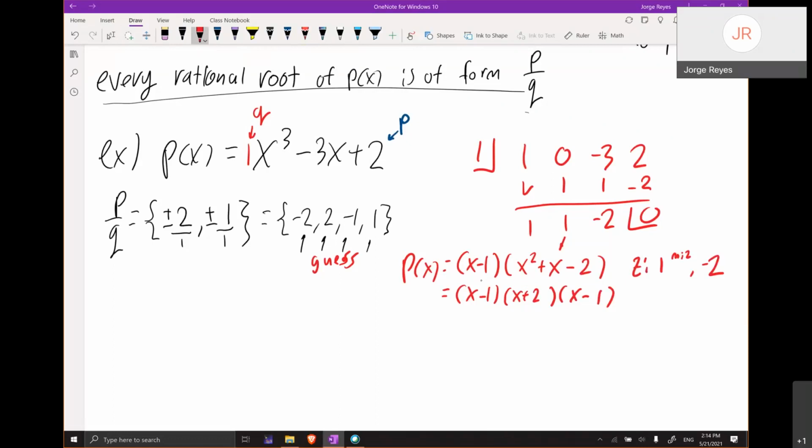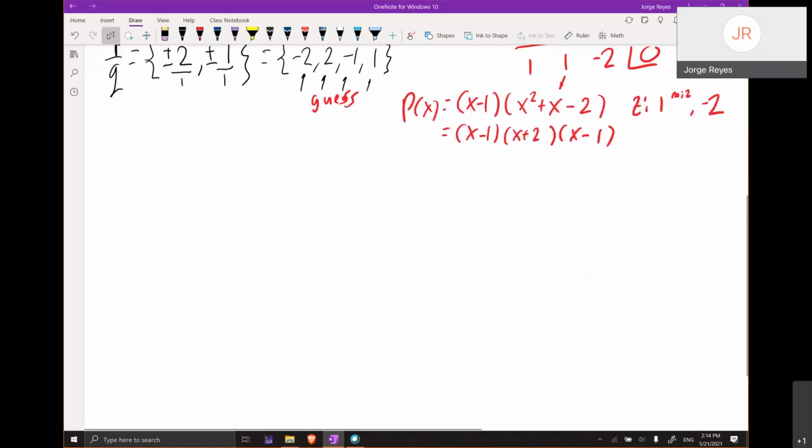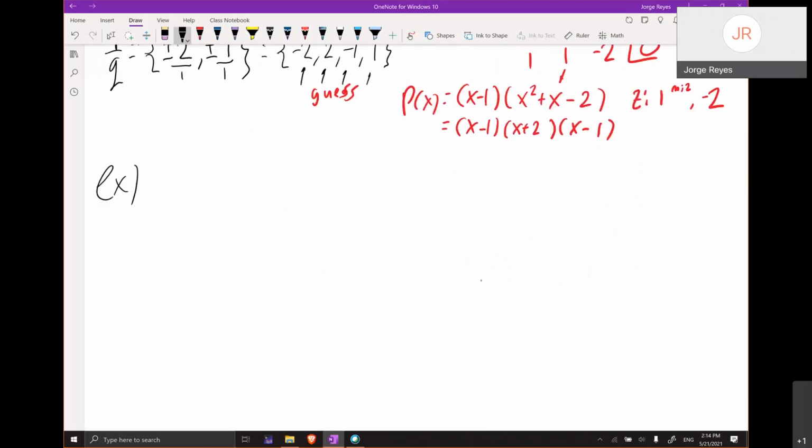All right, so now let's do a slightly more annoying example, a slightly longer example. Here I have a polynomial, p of x, and it's going to be 2x cubed plus x squared minus 13x plus 6. And the question is find all the zeros.